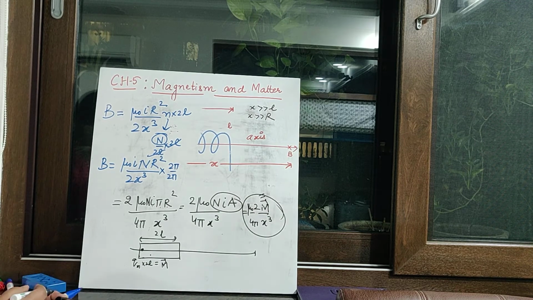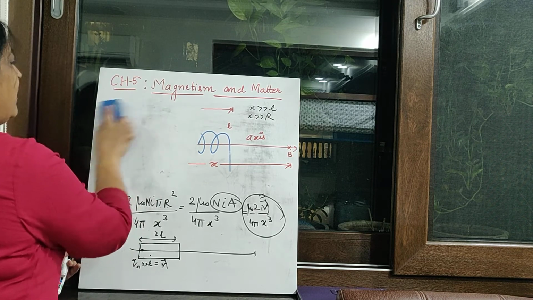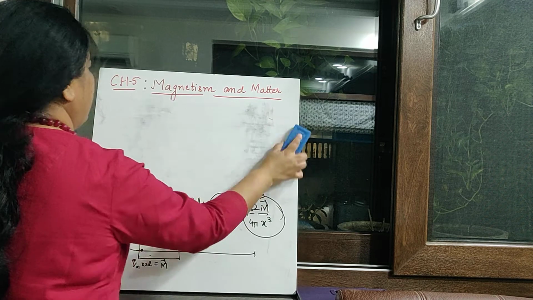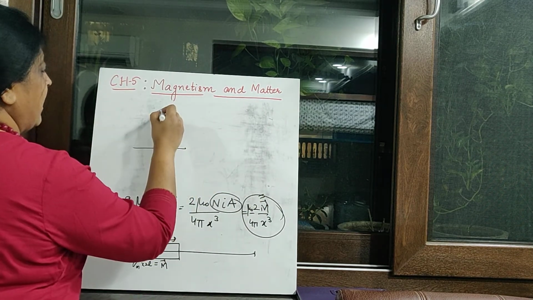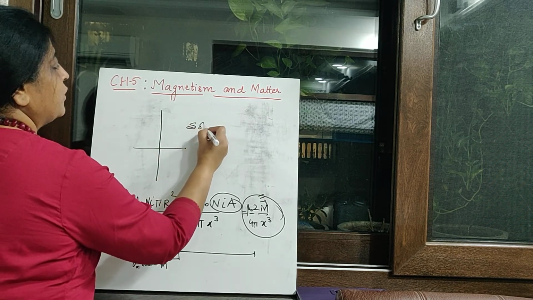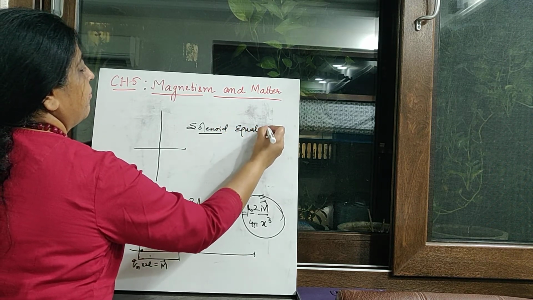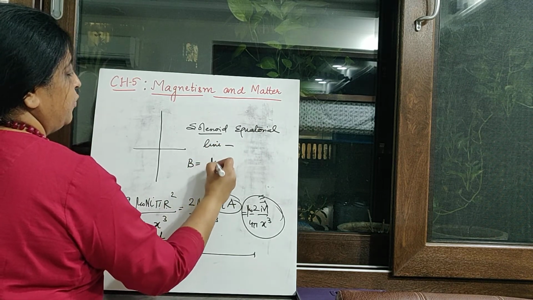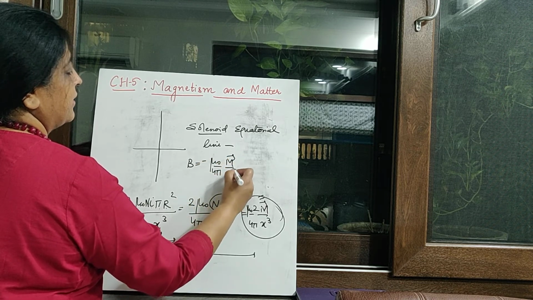And then there is one more expression: if we want to find out the magnetic field on the equatorial line, you all know what an equatorial line is. This was the axial line and this is the equatorial line. The expression of the magnetic field produced by a solenoid on the equatorial line is mu naught by 4 pi with a negative sign, m divided by x cube.